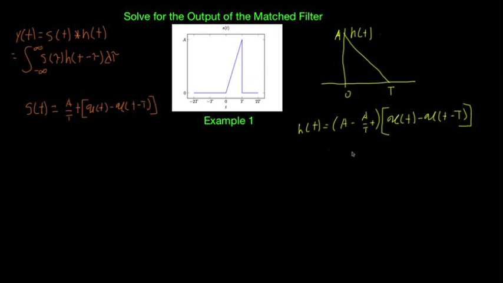I'm going to show generally how to solve using this convolution integral. If you want a more in-depth solution, I highly recommend checking out the PDF on my website, which is linked in the comments section of this video.